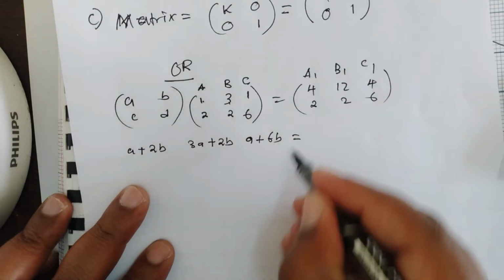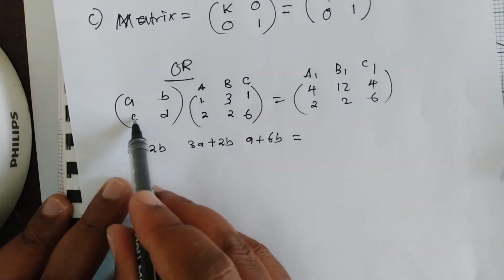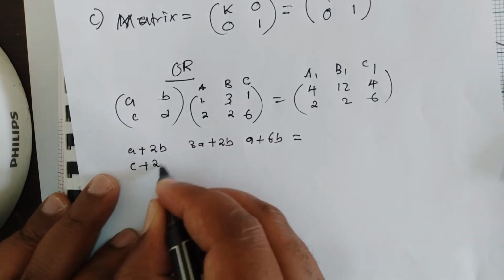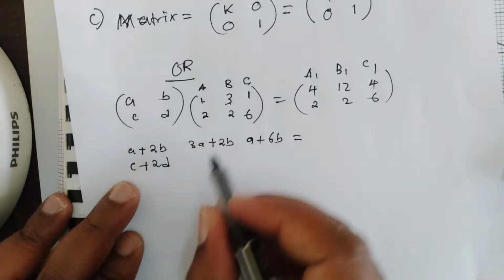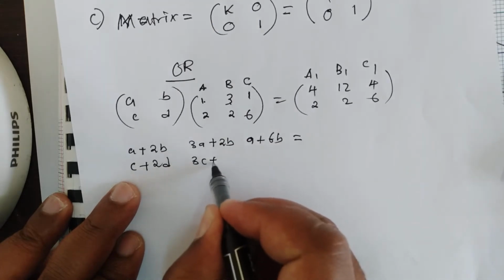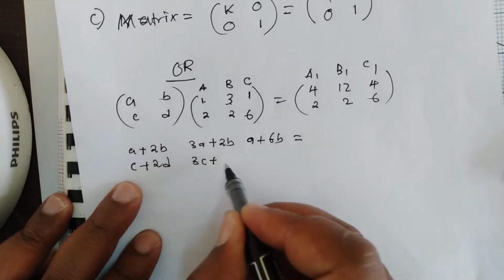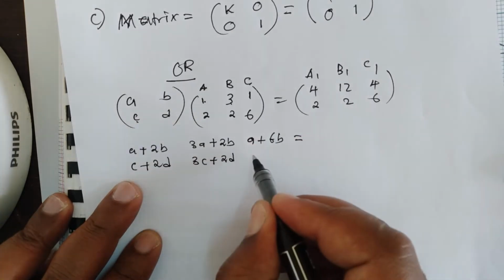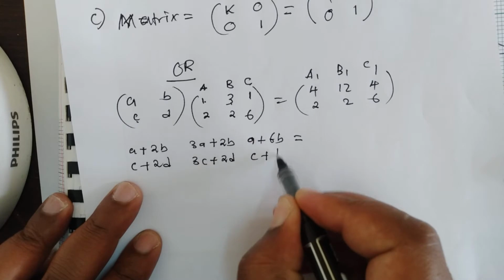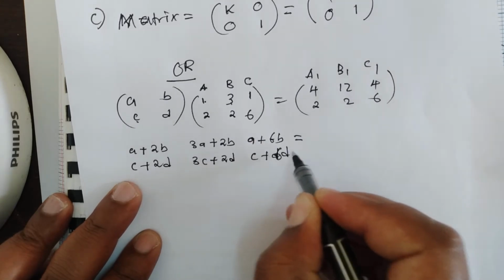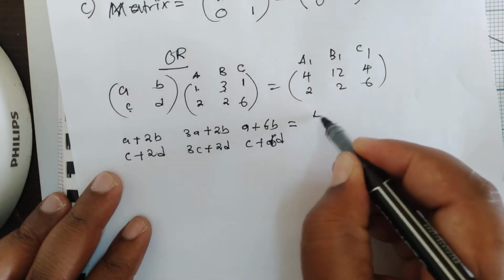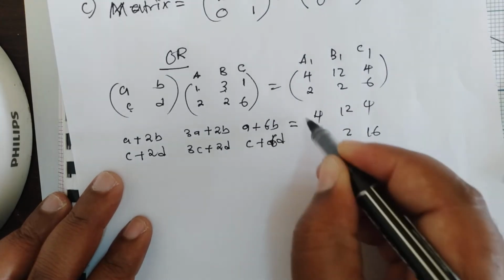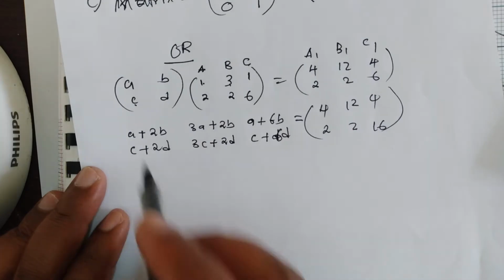Then I come to this one. C by 1, you have C plus, this by that, 2D. This by that, 3C plus, this by that, 2D. C by 1 is C plus, 6D. So you have got 4, 2, 12, 2, 4, 6. This is another way of getting this one.